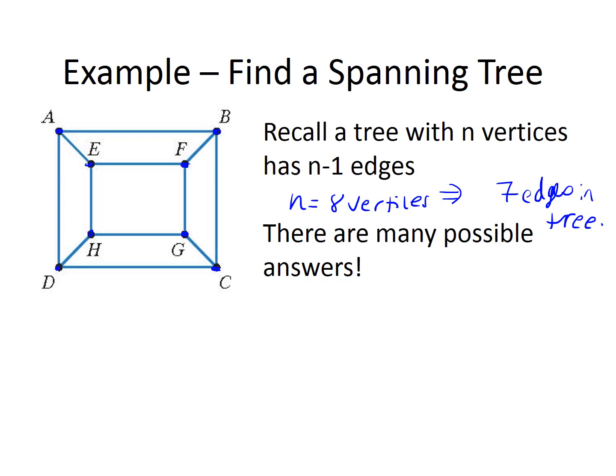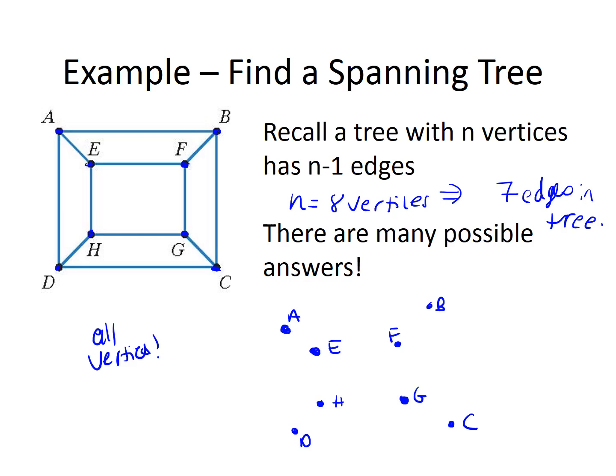But let's find one. A spanning tree has to have all the vertices. So let's go ahead and put those in. A, E, F, B, H, D, G, C. So the spanning tree has to have all those vertices, and then we need to connect them with edges that already exist.